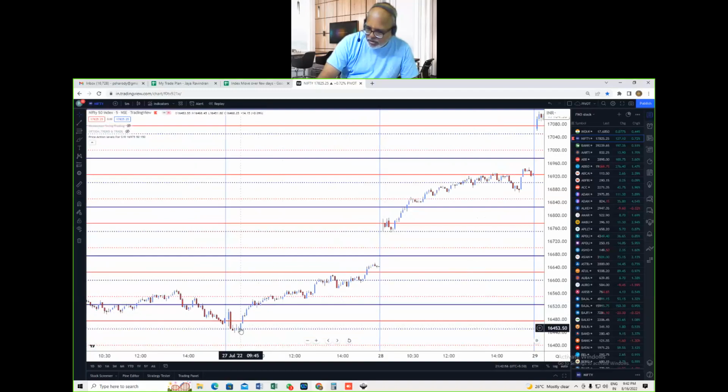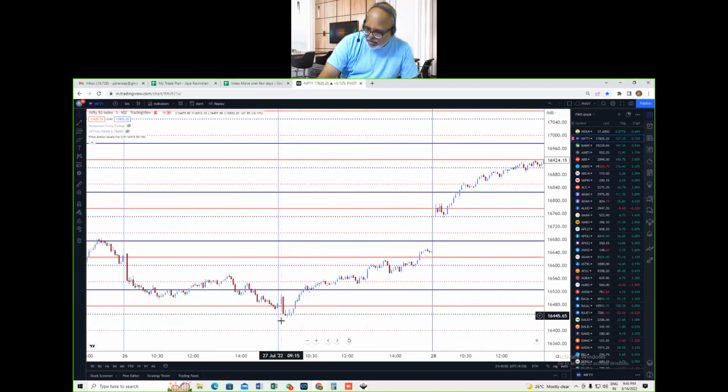Here also you can see the market went down, went up, took the trade and went in a single direction. Here, whenever the market does not go below, you can always put a stop loss limit order on this price. So whenever the market bounces back, it will trigger your trade and your trade will be initiated.